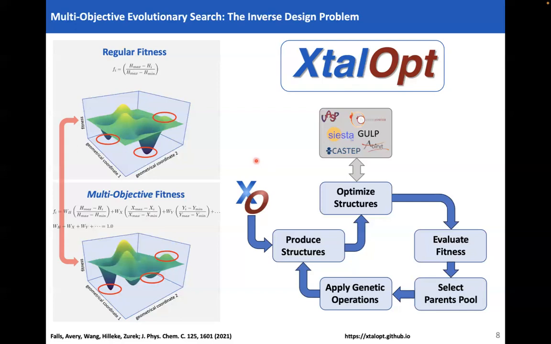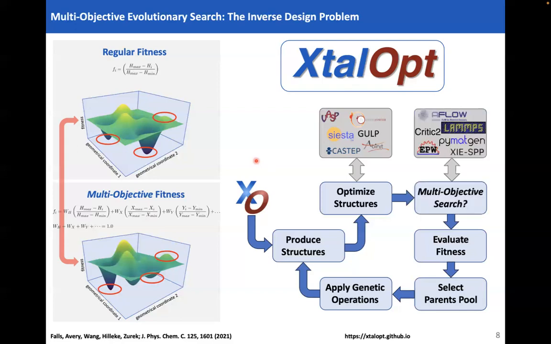So this multi-objective evolutionary scheme is implemented in the Xtlopt code. We have modified the workflow slightly and added a step. We made Xtlopt able to be interfaced to virtually any external code which calculates any desired property, as long as it can be represented by a single number, like the case of energy.